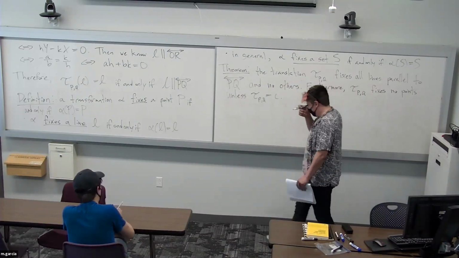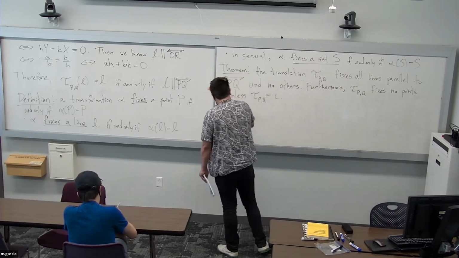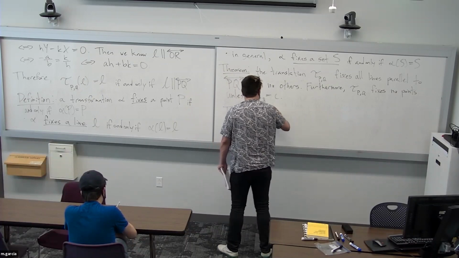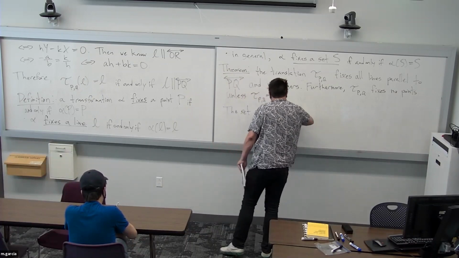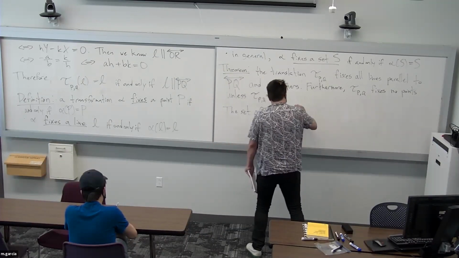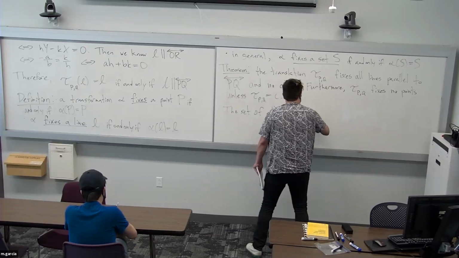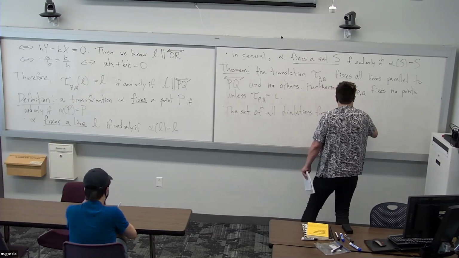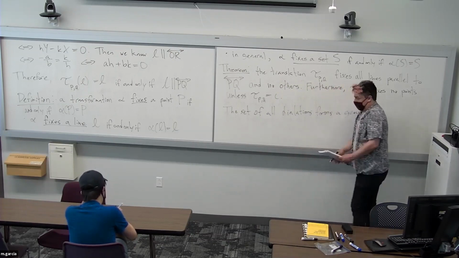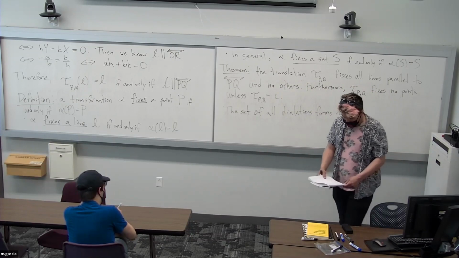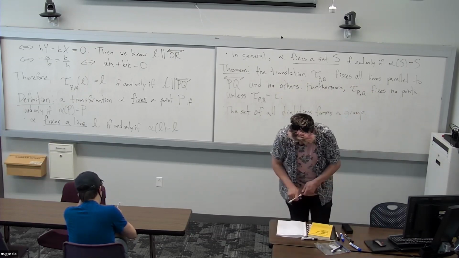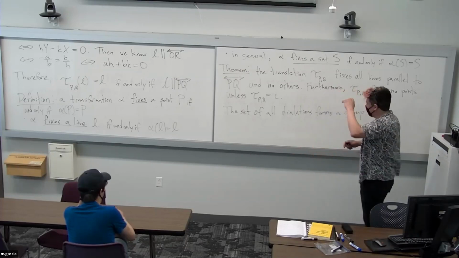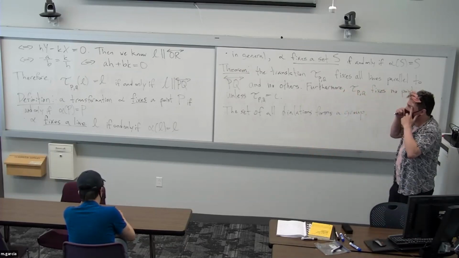So, the set of all dilations forms a group. Okay, so again, what do we have to verify in order to show that the set of all dilations forms a group?